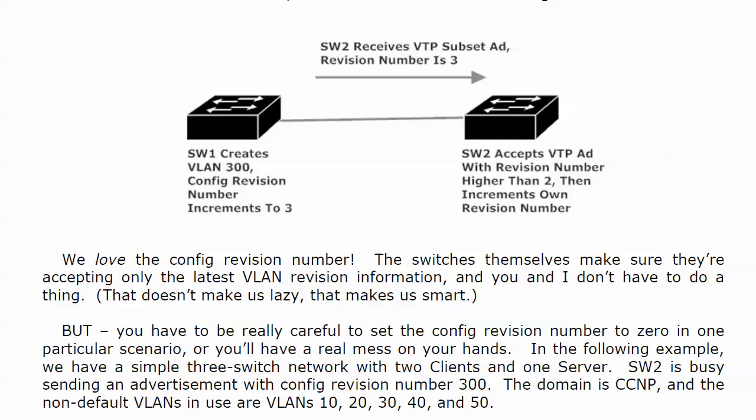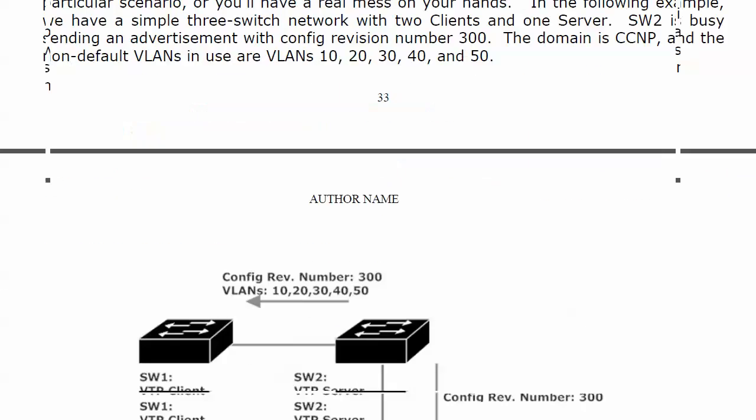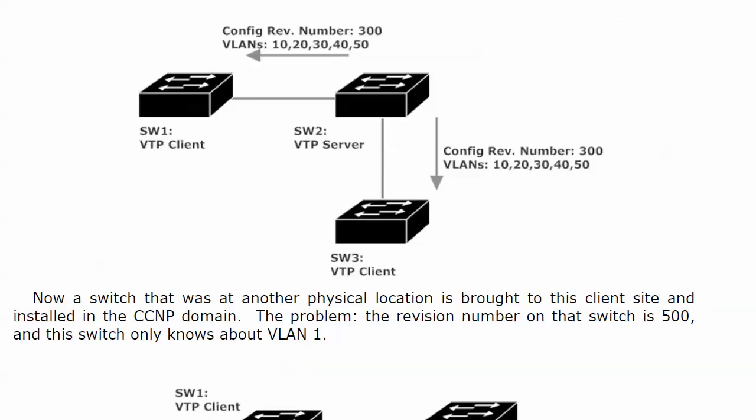Now in the following example, we're going to have a 3-switch network with 2 clients and 1 server, and switch 2 is busy sending an advertisement right now with config revision number 300. The domain is CCNP. The non-default VLANs in use are 10, 20, 30, 40, and 50. And there we go, just that simple.